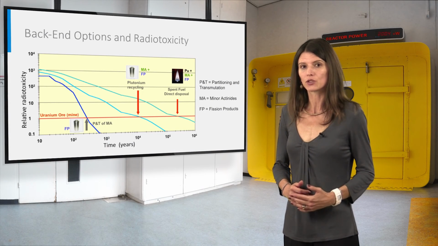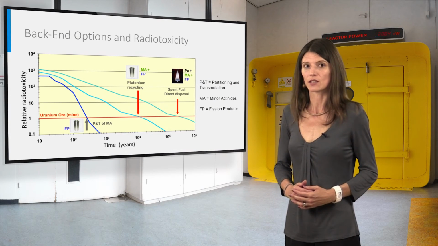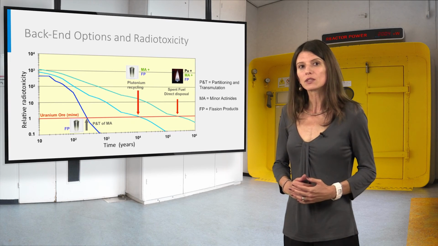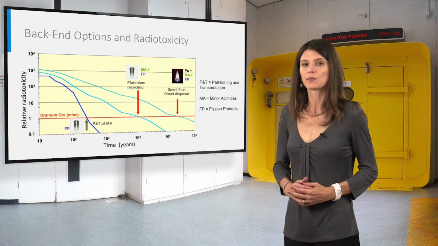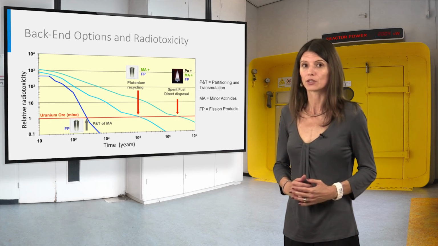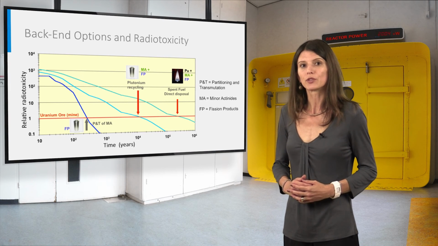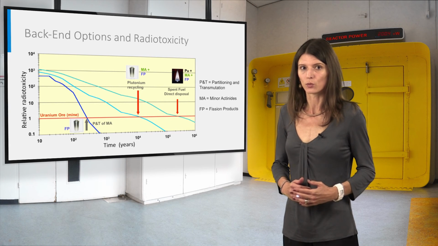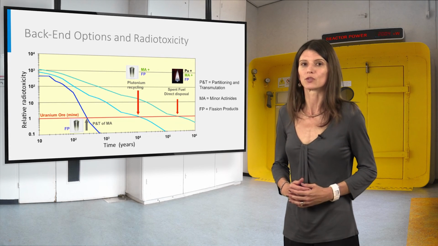Partitioning and transmutation reduces the radiological hazard in terms of magnitude and duration by eliminating long-lived heat-producing actinides and reducing the quantities of the fissile and fertile radionuclides that present proliferation concerns. Final disposal options for high-level waste are geological repositories.